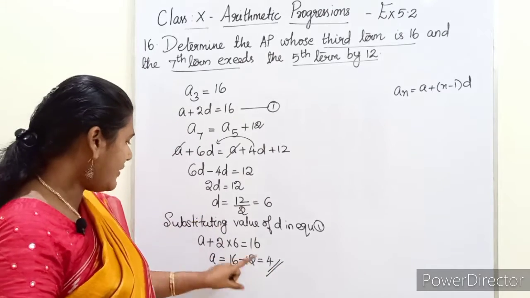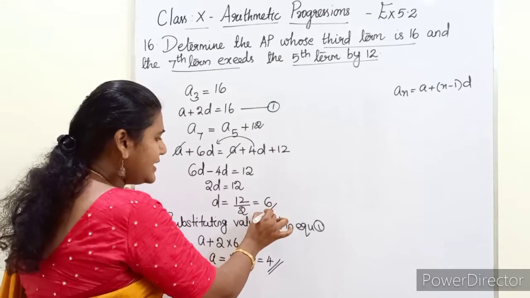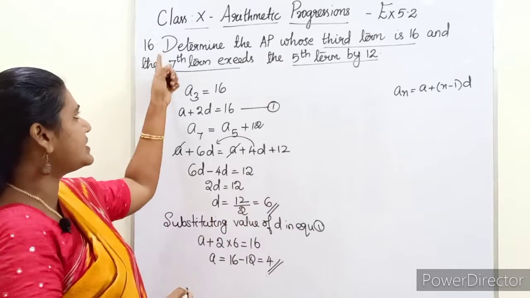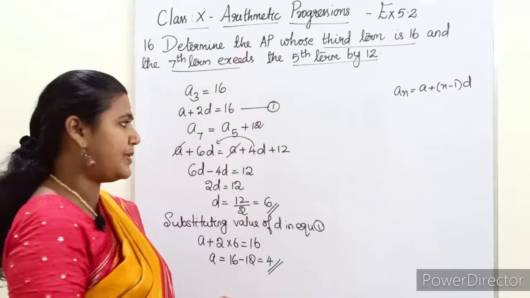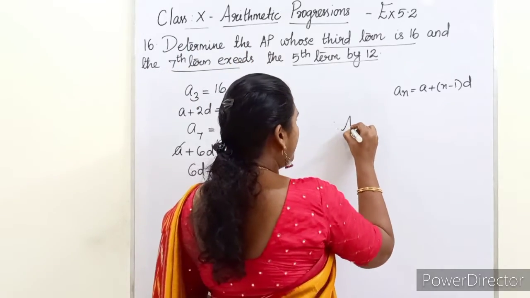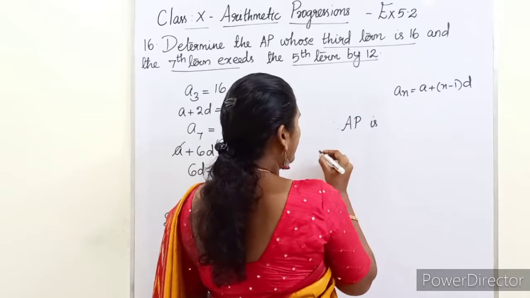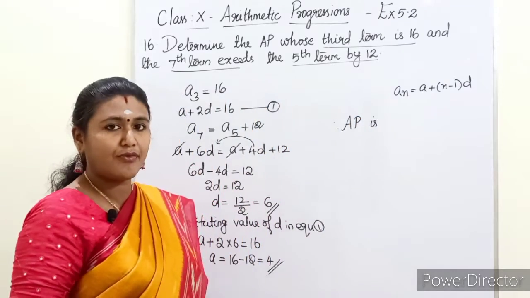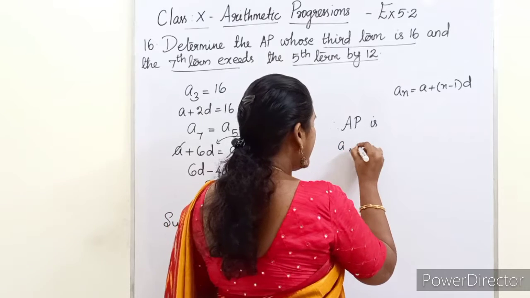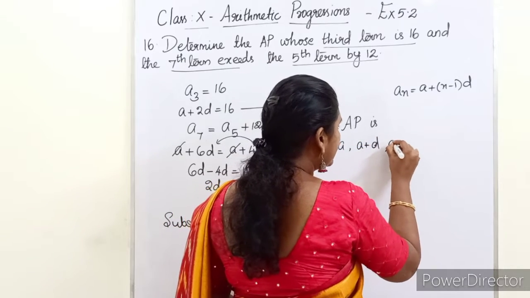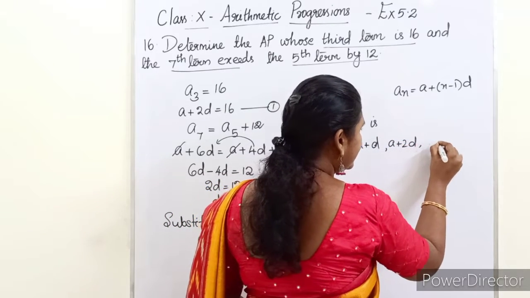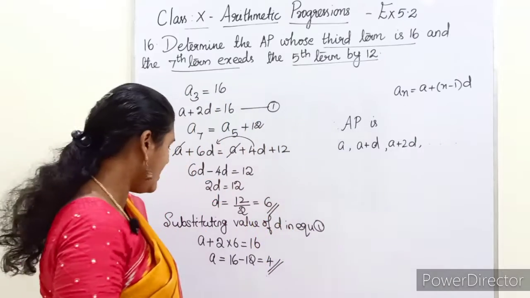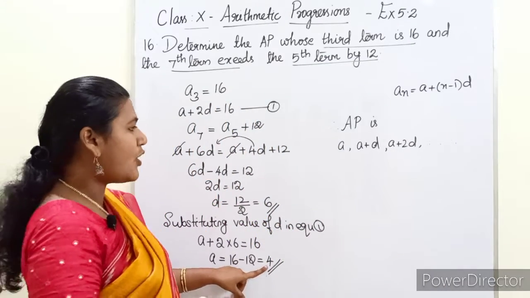So we now have the A value and D, and we can write the AP. The question asks us to find the AP. You know the general form of an AP: A, A plus D, A plus 2D, etc. The value of A is 4.